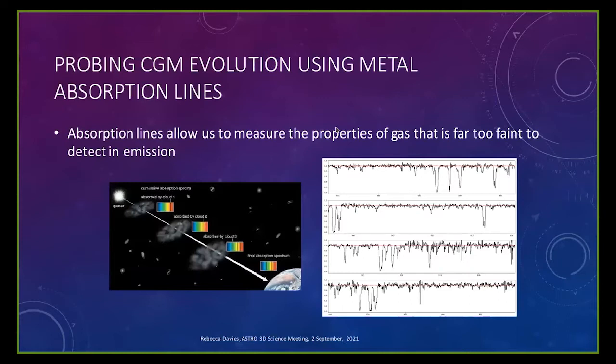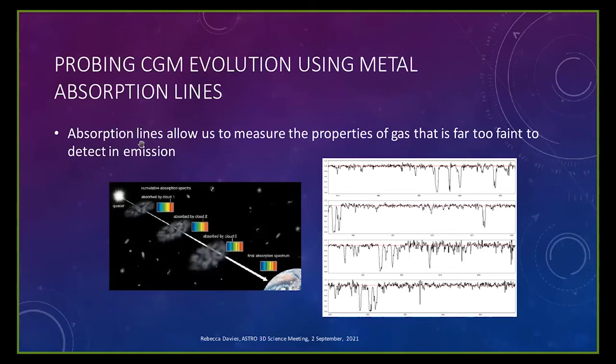Metal absorption lines are really useful for solving this problem because they allow us to measure the properties of interstellar and circumgalactic gas in the early universe. The key here is that the strength of the absorption signature is independent of redshift and only relies on having a bright background continuum source. So in this case, that's a quasar.